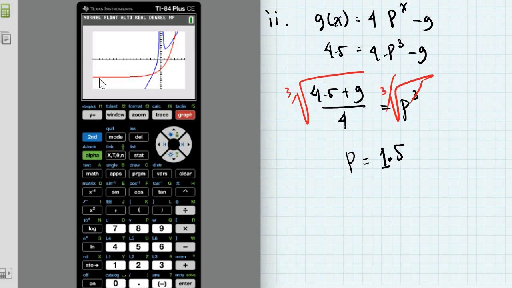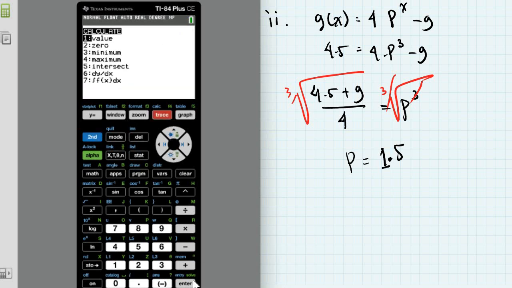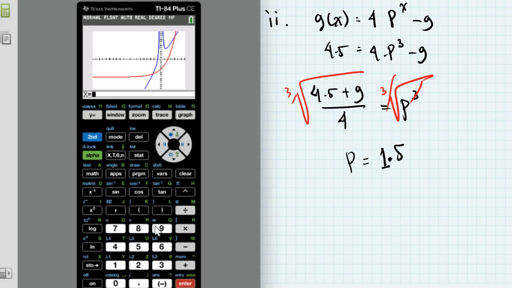This red graph will never go below this certain point over here. Let's find the value of that. Second trace the value of x equals, let's say, x is negative 15.